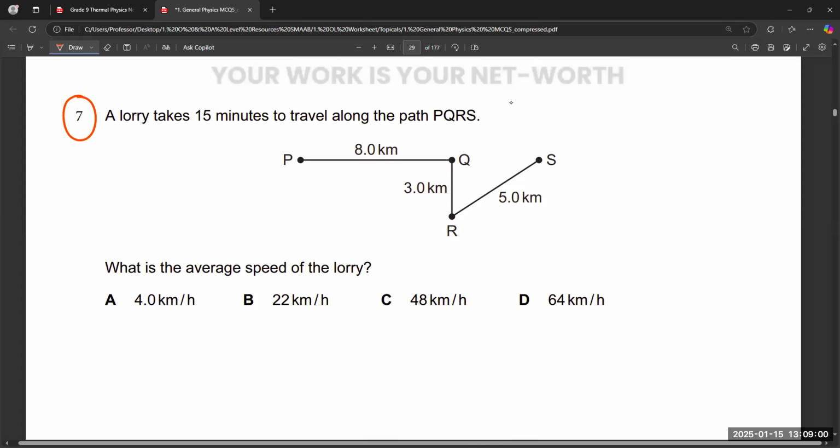Okay, so in question number 7, a lorry takes 15 minutes to travel along the path PQRS. What is the average speed of the lorry?